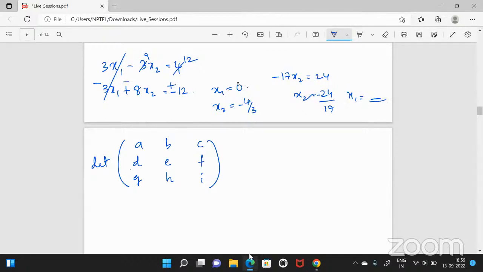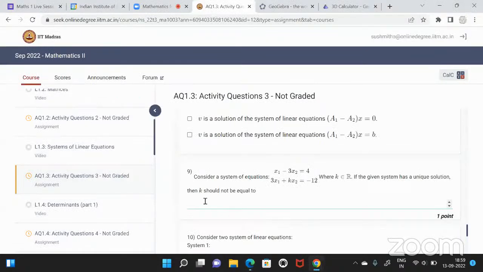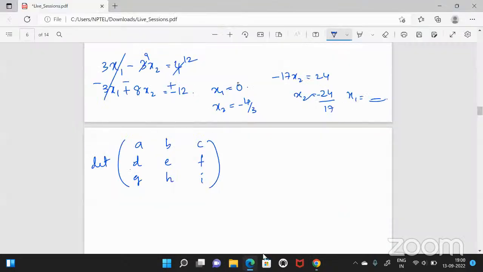So why is your answer right and my answer wrong? The question is, K should not be equal to what to have a unique solution, right? So what should it not be equal to? How will you find that out?